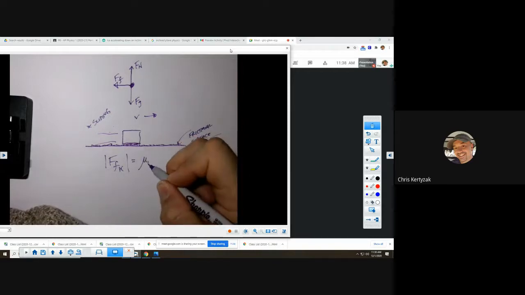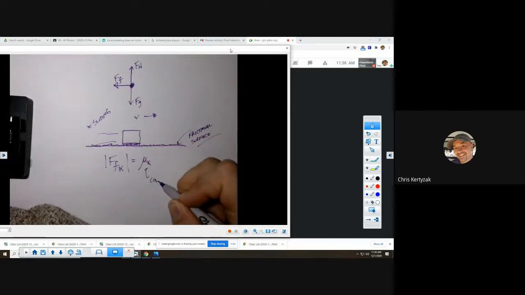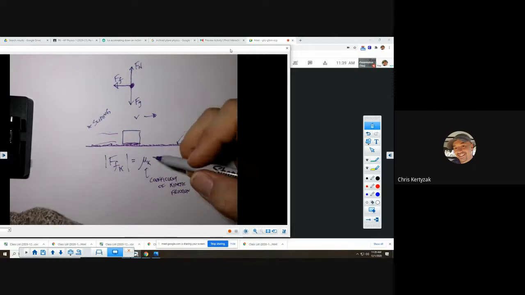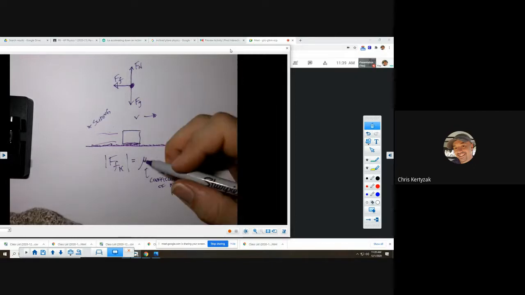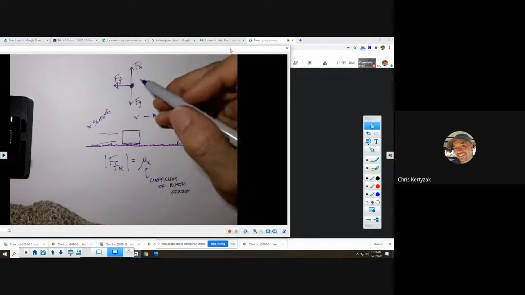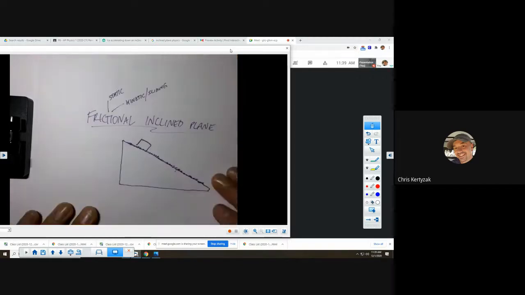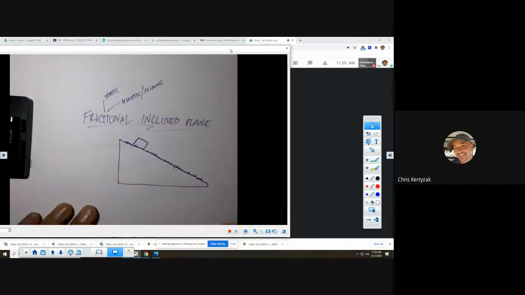But right now, this is the coefficient of kinetic friction. The symbol is mu, with subscript K for kinetic friction, the coefficient of sliding friction or coefficient of kinetic friction. We wouldn't put S here for sliding, because that would be confused with mu S, which is for static friction.